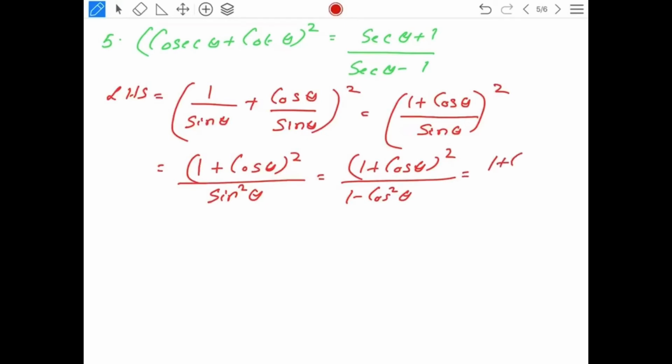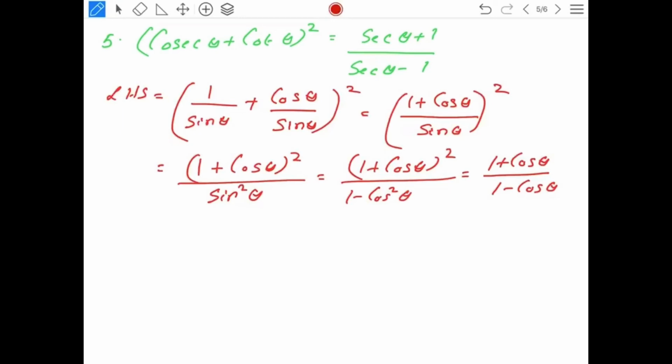So you will be left with 1 plus cos theta by, this is 1 plus cos theta into 1 minus cos theta. So 1 plus cos theta gets cancelled and you are left with 1 minus cos theta. This is what you proved in one of the earlier problems.